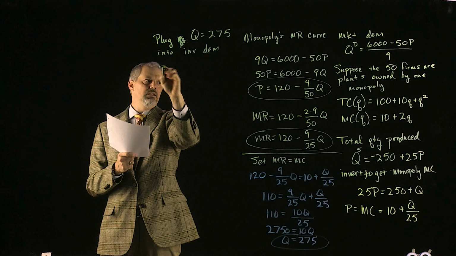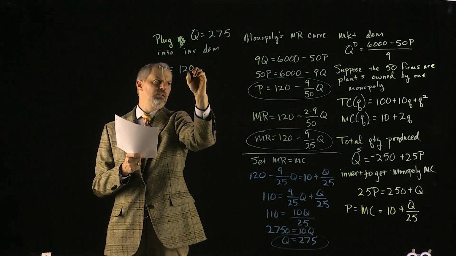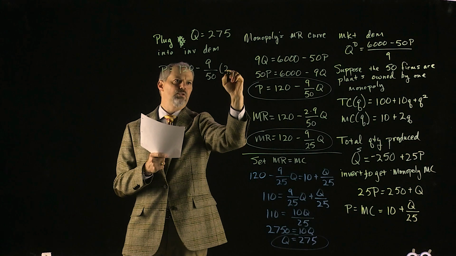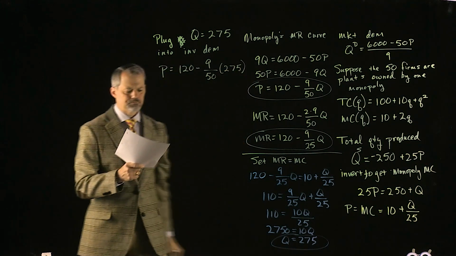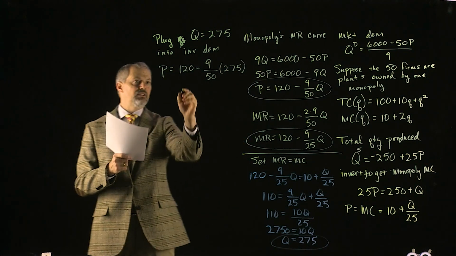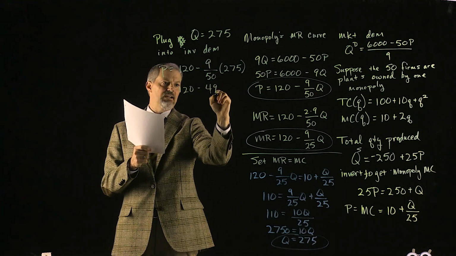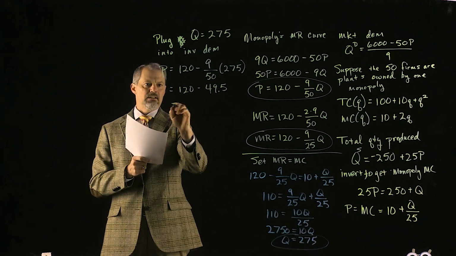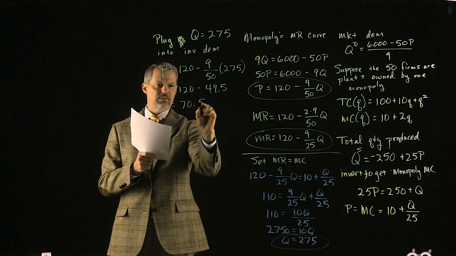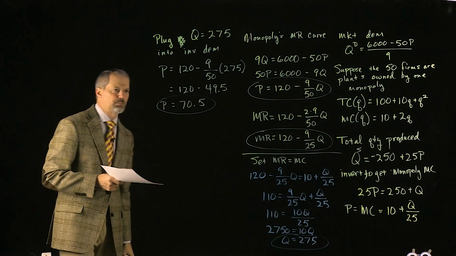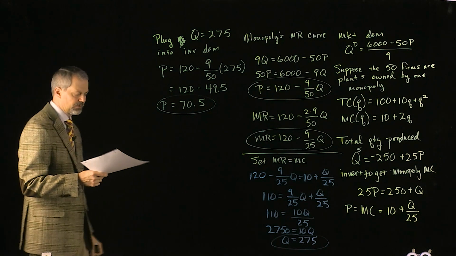So P equals 120 minus 9 over 50 times 275. That's equal to 120 minus 49.5. That's equal to 70.5. There's the profit maximizing price for the monopoly.